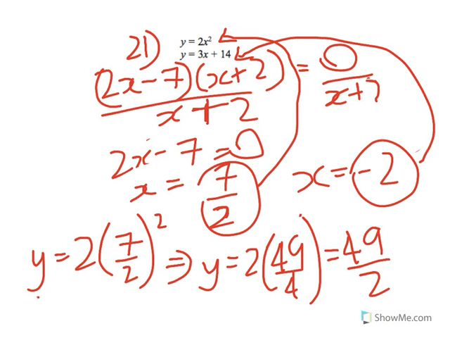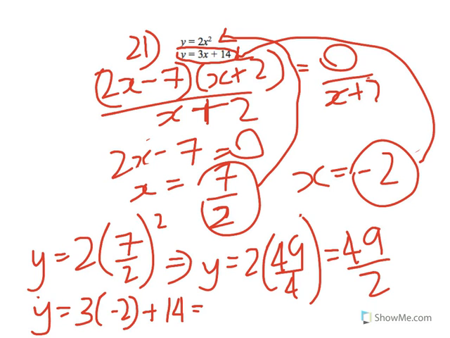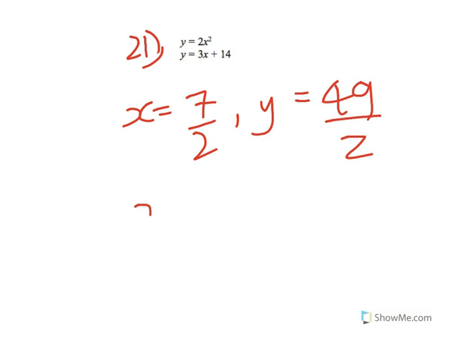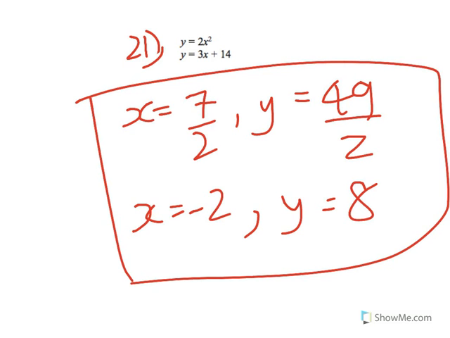Now I'll substitute the negative 2 into this equation here. I'm going to get y is equal to 3 times negative 2 plus 14. So y is equal to minus 6 plus 14, which is 8. So your final solutions are x equals 7 over 2, y equals 49 over 2, and x equals negative 2, y equals 8. These are your solutions.